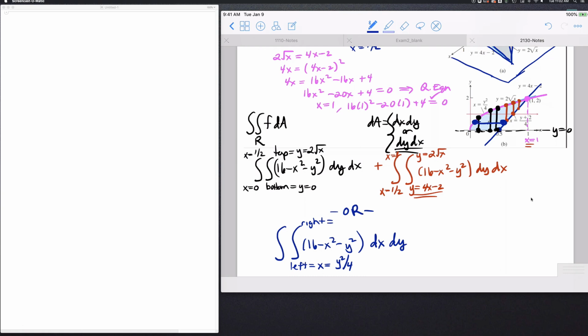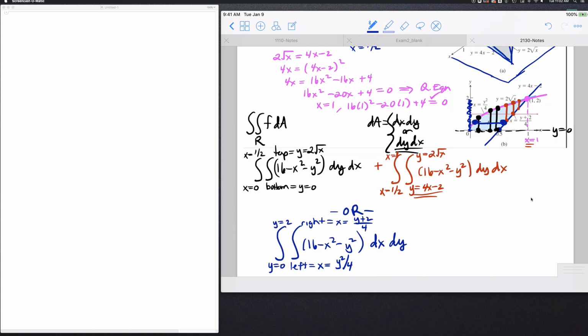What's on the right is always the straight line, and if you solve that straight line for x, you get y plus 2 divided by 4. And that will be true for the y values always between 0 and 2.